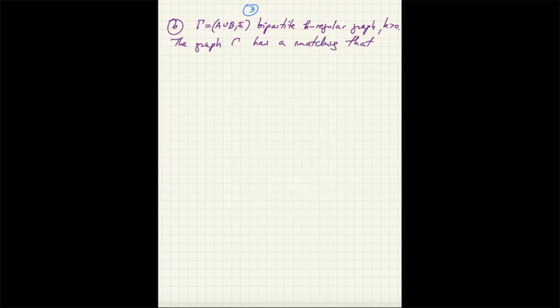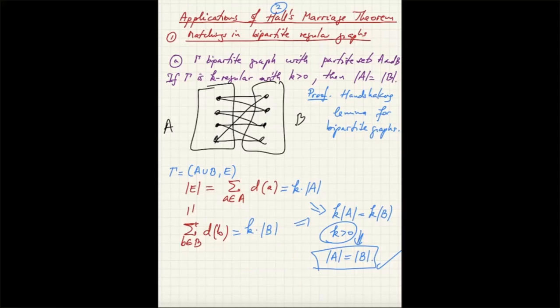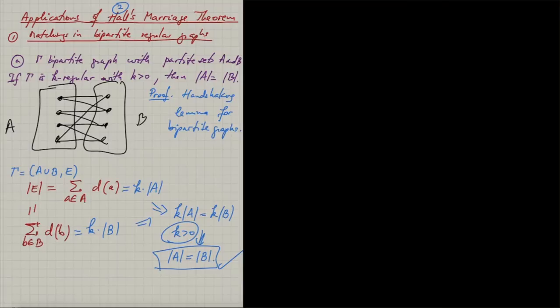If gamma, again (A ∪ B, E), is a bipartite k-regular graph with k positive, then we are going to prove that the graph gamma has a matching that saturates A. Now, because of the first part, the cardinality of A equals the cardinality of B, so if it saturates A, it must saturate B as well. So it must saturate the whole vertex set.